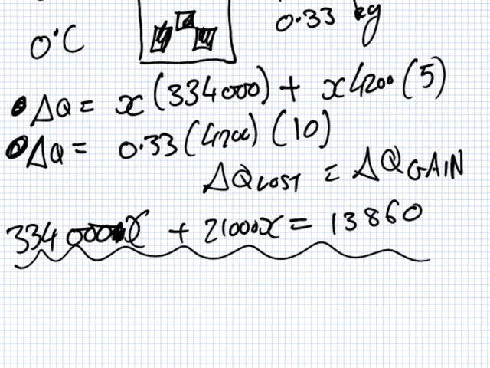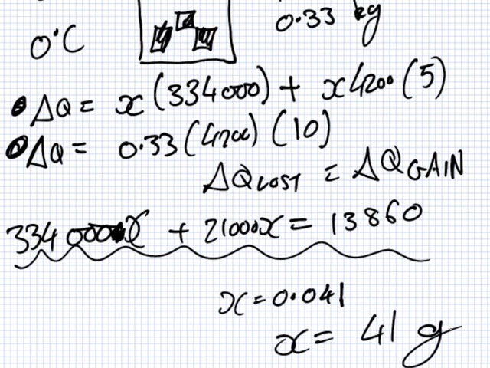Dang, indeed. 13860 divided by 21000 plus 334000. So I get x equals 0.041. So the answer is 41 grams of ice. A sensible answer.